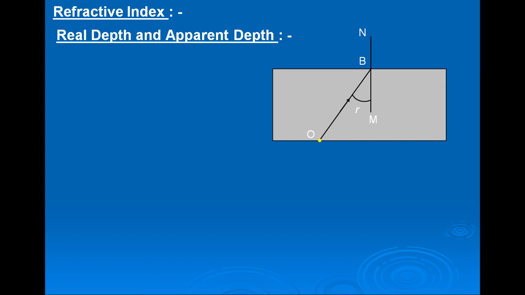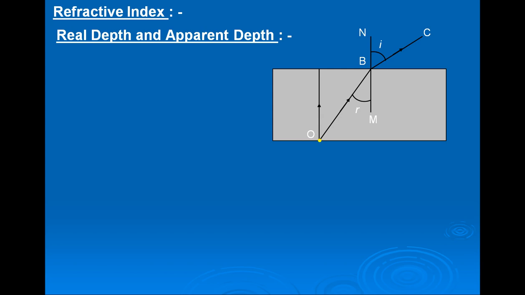Because the ray of light is entering from denser to rare medium, it bends away from the normal, and BC is the refracted ray of light. It makes angle I with the normal.